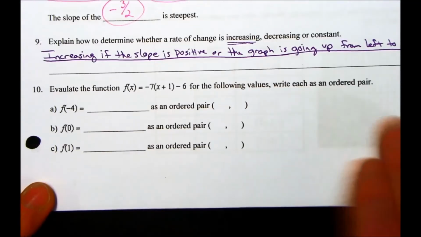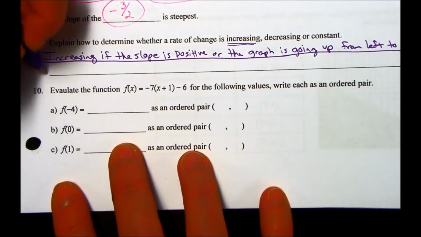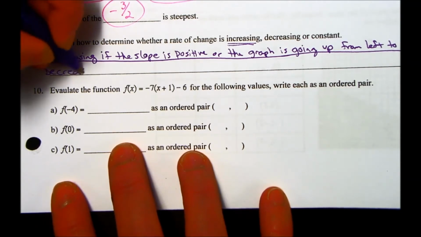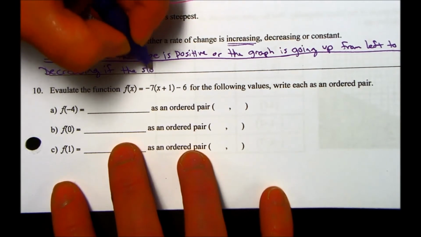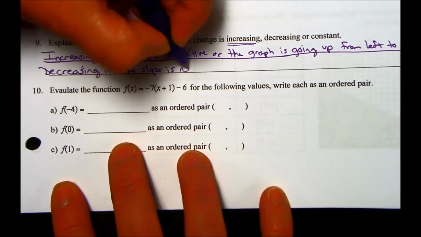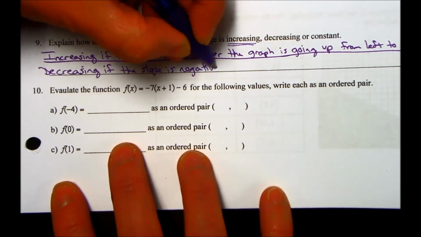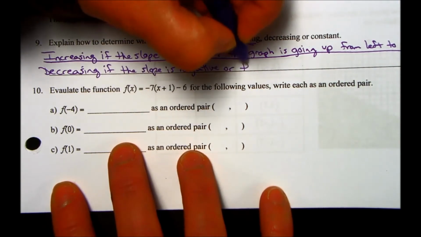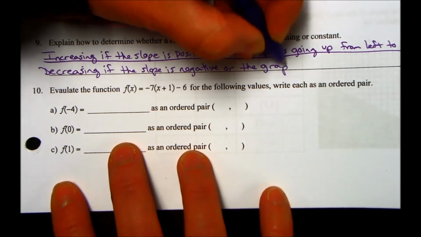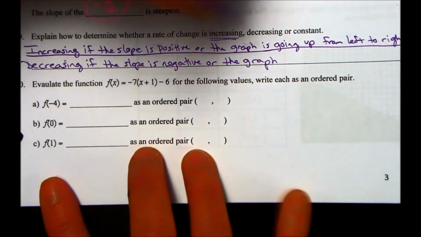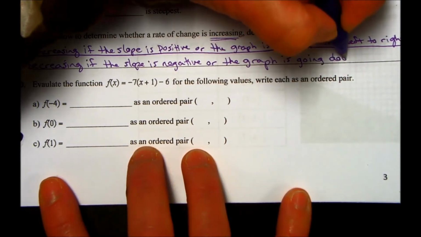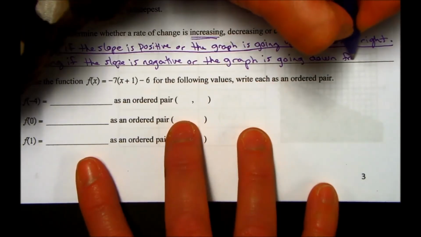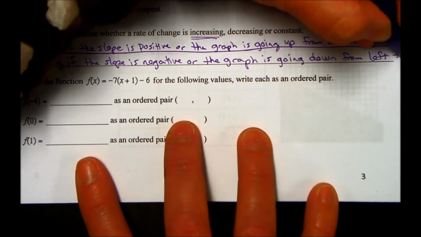It's decreasing if the slope is negative or the graph is going down from left to right.